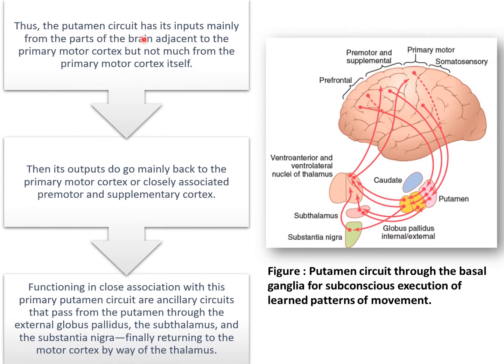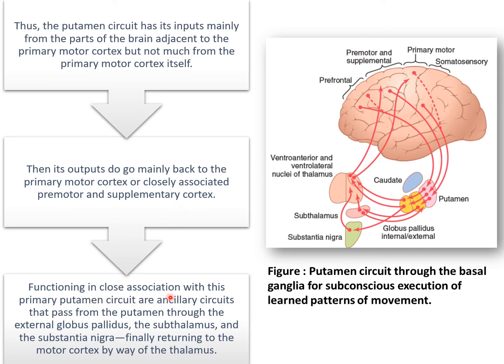So the putamen circuit has its input mainly from the parts of the brain adjacent to the primary motor cortex, but not much from the primary motor cortex itself. Then its output goes mainly back to the primary motor cortex or closely associated premotor and supplementary cortex.